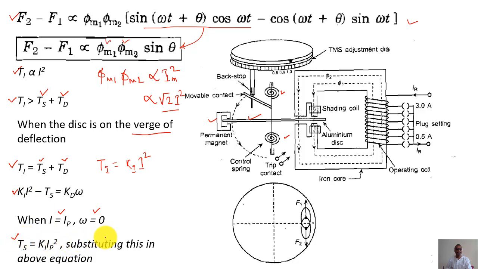Then substituting this in the original equation, now what we'll find? We'll find Ts into m square minus 1 equal to Kd omega. So how is it obtained?